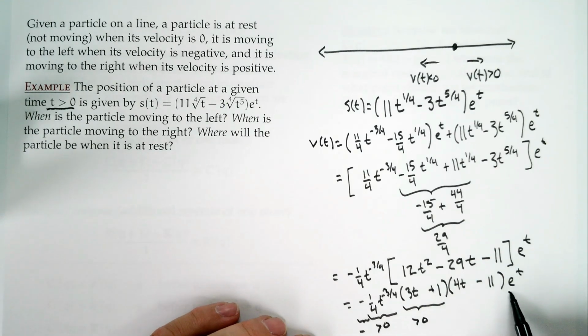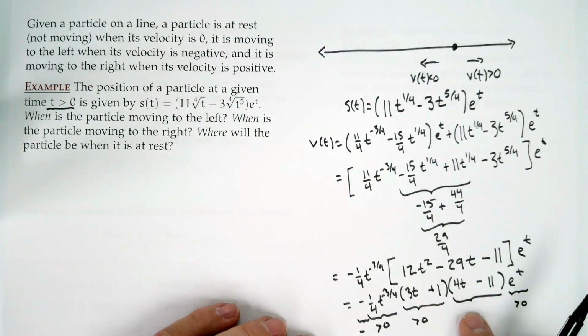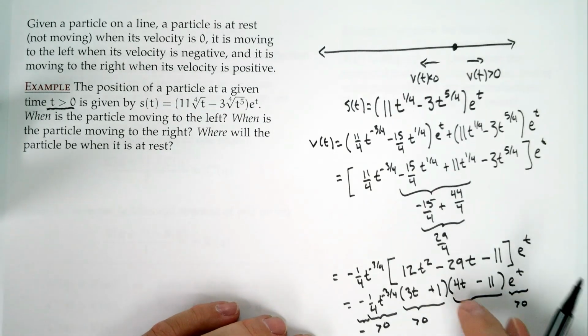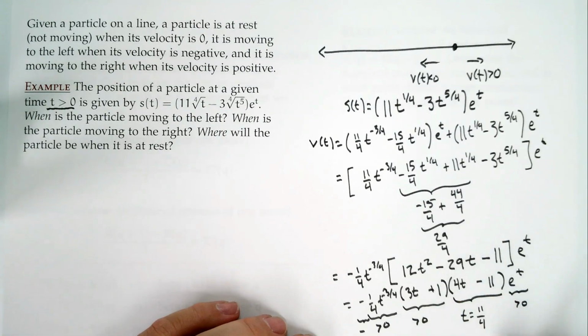The e to the t is always positive, which says really, it comes down to this. What's happening to 4t minus 11? Well, the key, the interesting point, would be at 11 over 4.